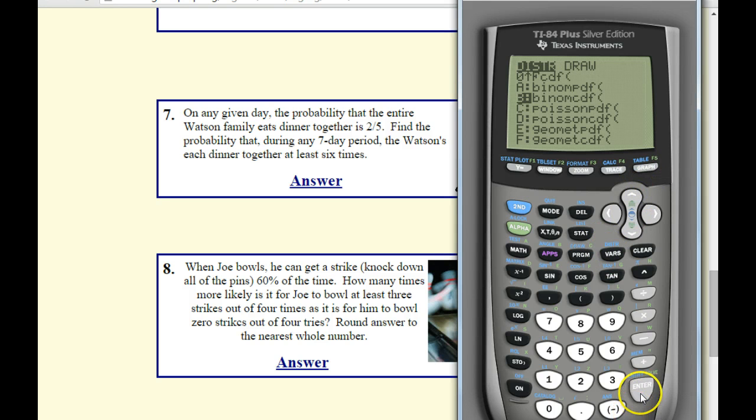We need CDF, 7 days. If the chance they eat together is 2 out of 5, the chance they don't is 3 out of 5. And we want them to not eat together 1 or fewer times.